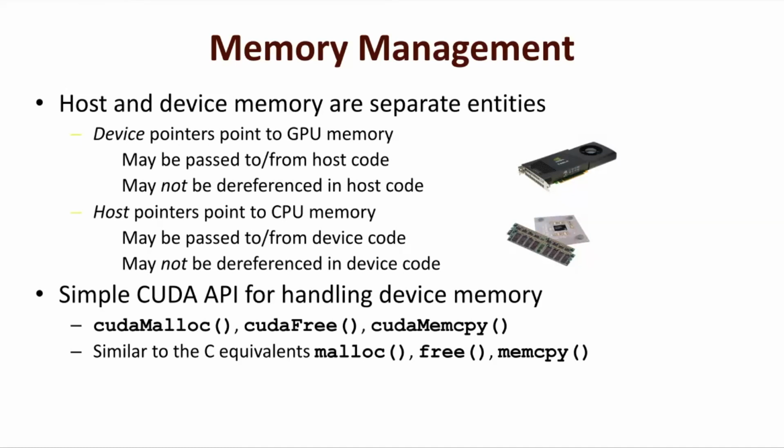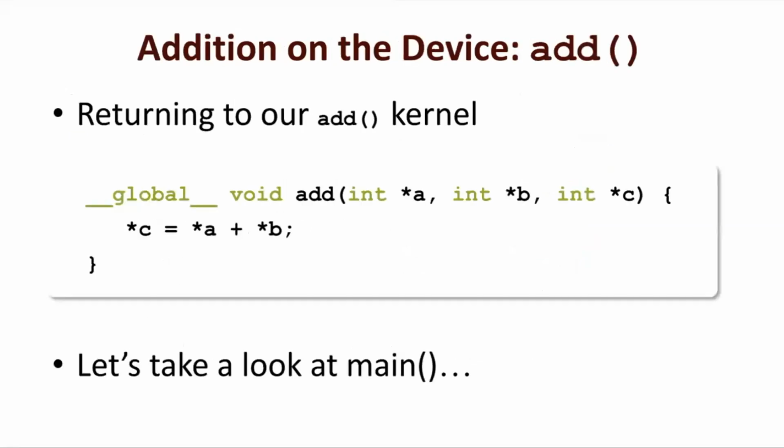But these are 3 very basic memory management APIs. It's also the standard way of doing that in C. C++ usually uses new and delete, but this is C: malloc, free, and memcpy. It's pretty commonly used.